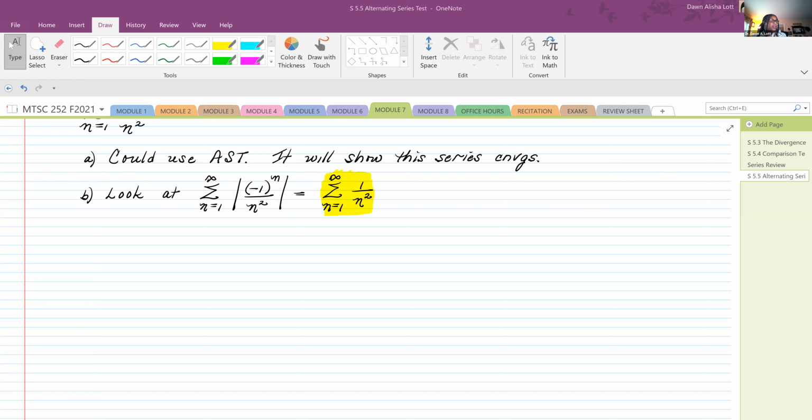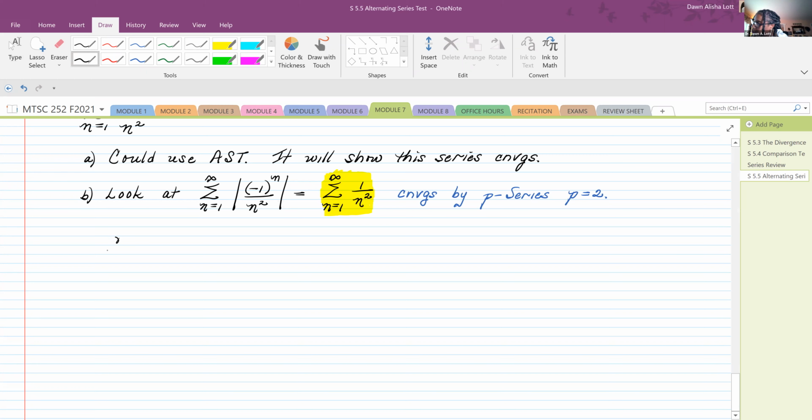Summation 1 over the square root of n does not. Okay, guys, this is a P series. This converges by P series, P equals 2.